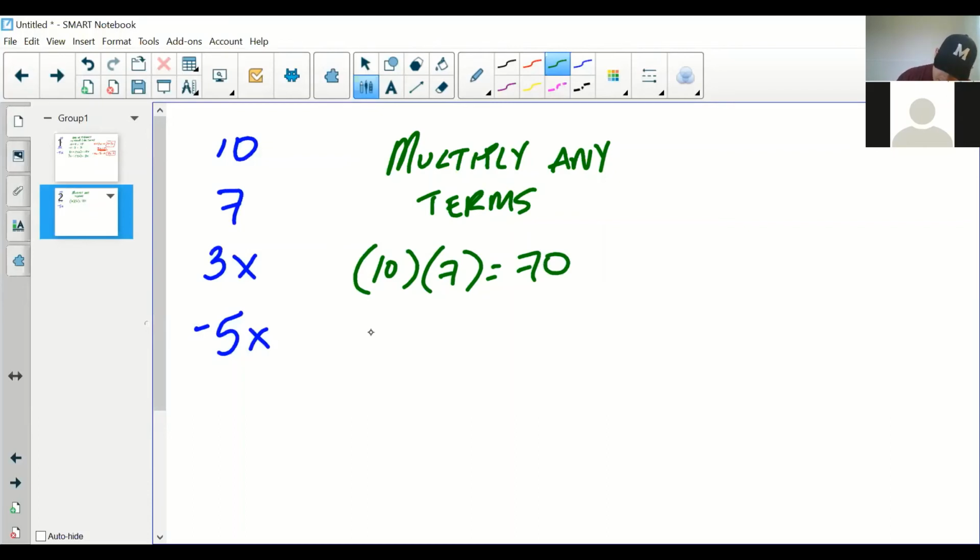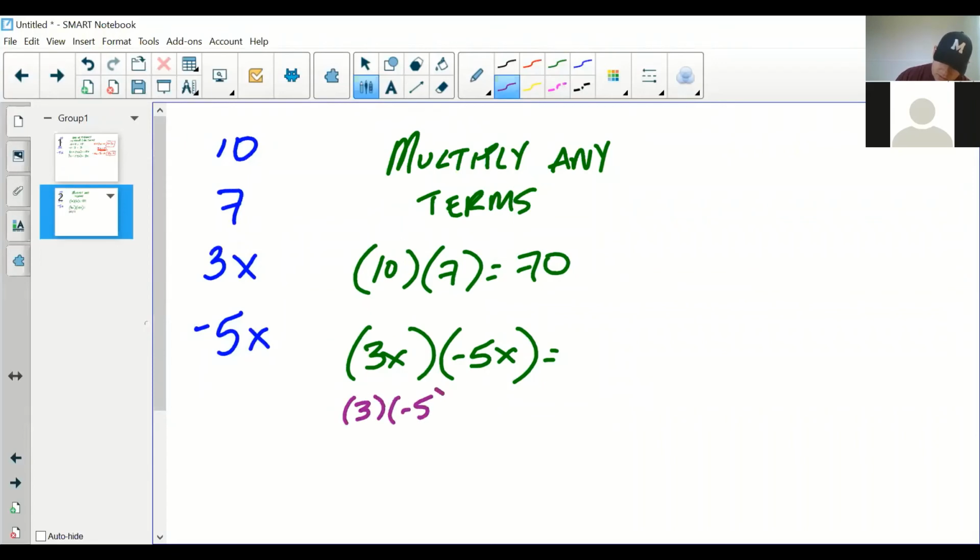We know that 3x times -5x, and hopefully this is one of those things that you remember from last week in our exponent rules. The coefficients we multiply. So we will do 3 times -5. That would be -15. We would multiply our variables. So we have x times x.